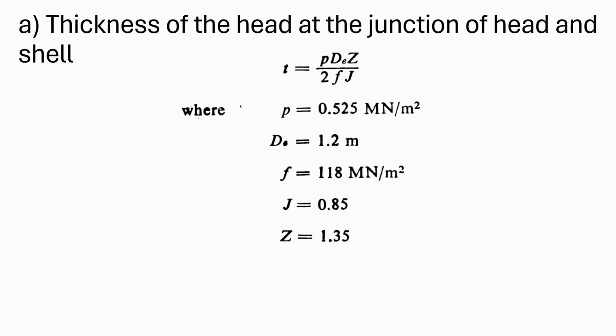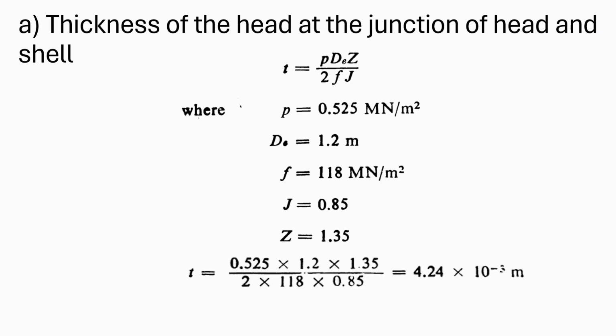To calculate the thickness of the head at the junction of head and the shell, we have seen the thickness is calculated by using the formula P DE Z by 2FJ. Since the angle of inclination is 30 degrees, Z value can be accounted as 1.35 and J is weld joint efficiency which is 0.85 and F is allowable stress which is 118 meganewton per meter squared.